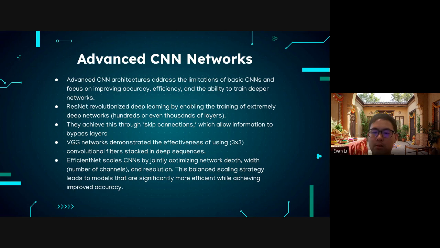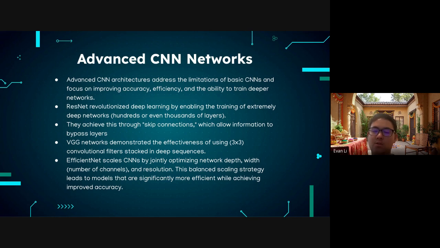The primary motivations behind these advancements are to achieve higher accuracy, improve computational efficiency, and enable the training of increasingly deep and complex neural networks.